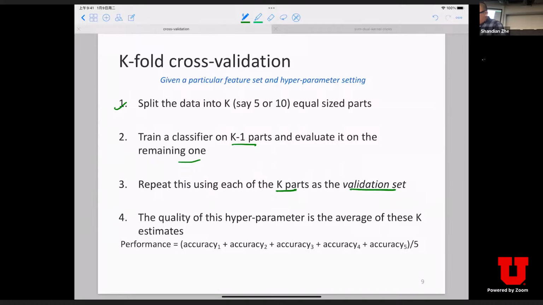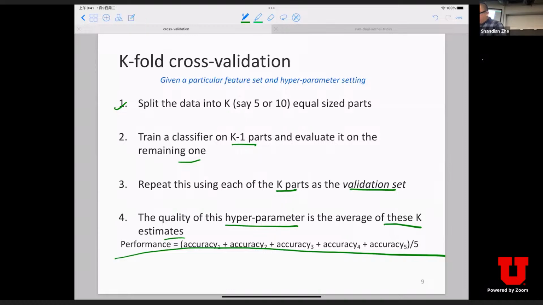Then the quality of this particular hyperparameter is evaluated by the average of these k estimates. You get the evaluation for one hyperparameter choice. You enumerate every possible hyperparameter choice and use k-fold cross-validation to get the evaluation. Then pick the hyperparameter choice with the best one.